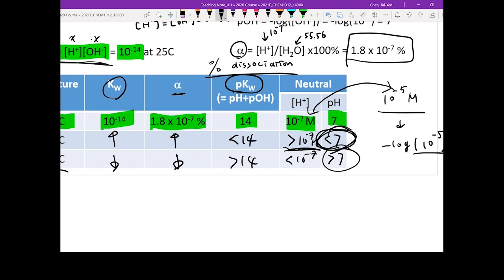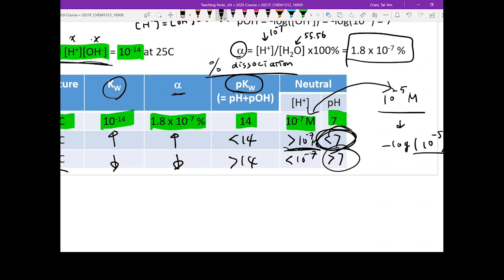What it means is that pH represents the concentration of your proton. It doesn't change the nature of your water. Your water will still be neutral because you have the same amount of proton and OH-, right? You have increased the proton concentration, but at the same time, you also increased your hydroxide concentration. They will still cancel each other.